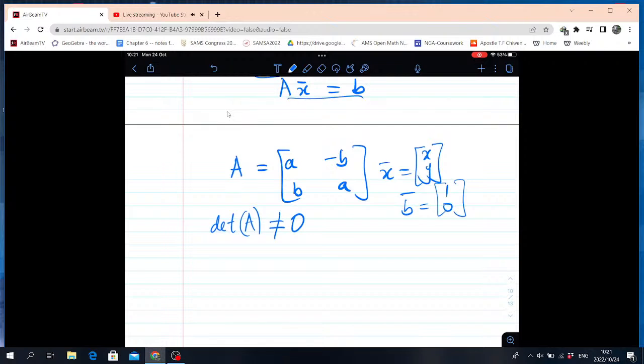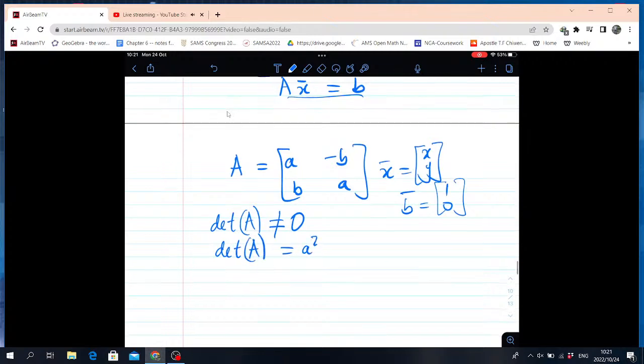So let's look at the determinant. The determinant of A is going to be a times a minus b times b, which is equal to a squared plus b squared. That is the determinant of this matrix.